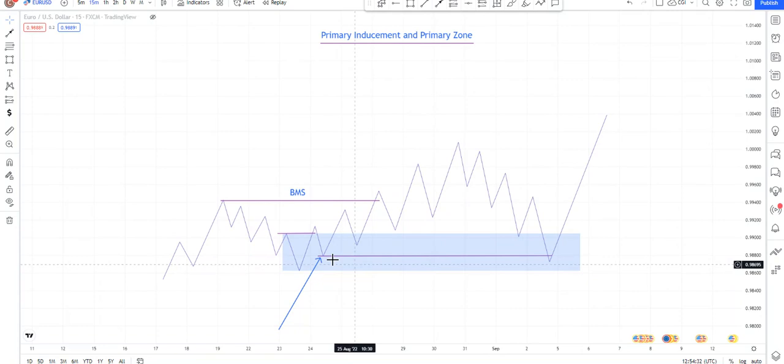So you would expect price to do primary inducement inside this primary zone. Somewhere inside the primary zone, there will be the primary inducement. All right, and then price will now continue higher.